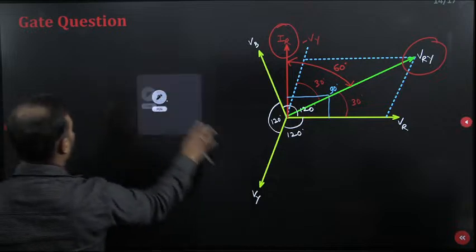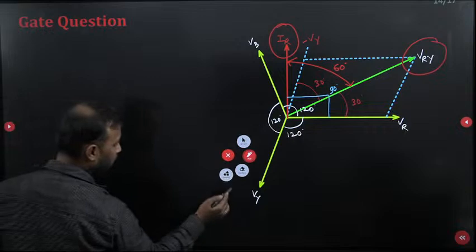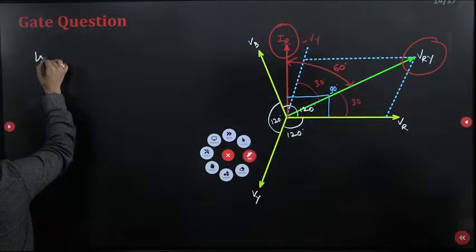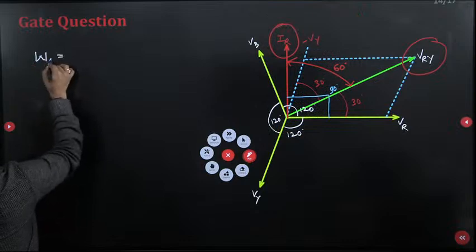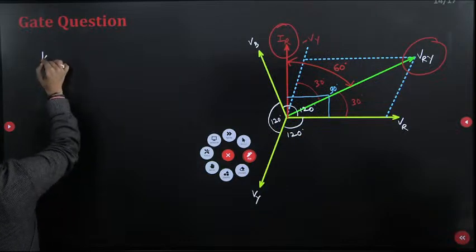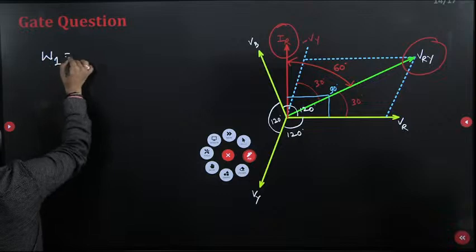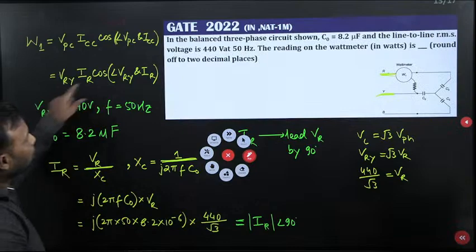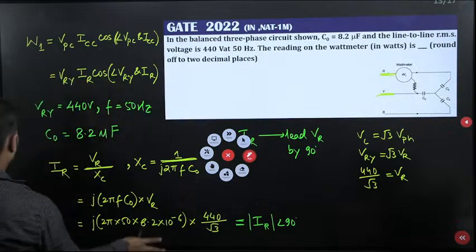So W1 is equal to VRY, which is 440 line voltage, into magnitude of IR.